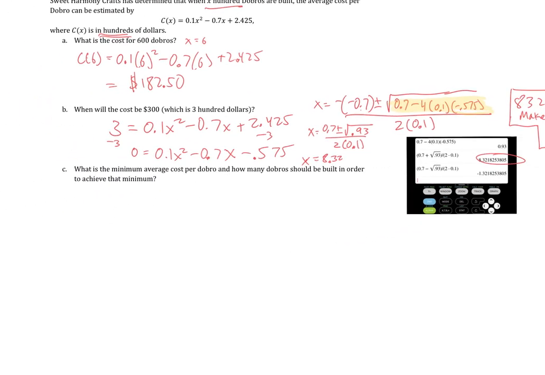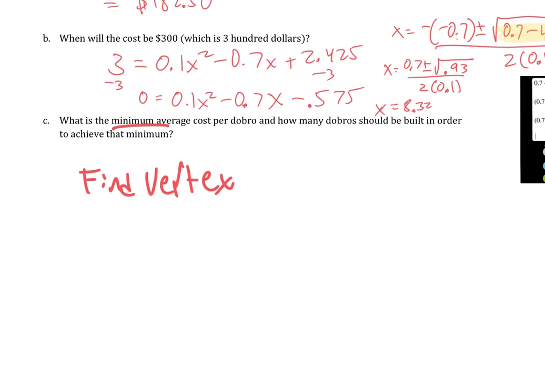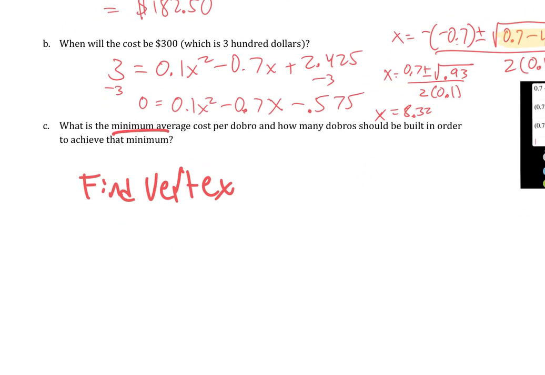Okay, moving right along. What's the minimum average cost? Well, whenever you're talking minimum, we want to find the vertex. So we need to find where the vertex happens. Minimums and maximums happen at the vertex. The vertex happens when x equals negative b over 2a.